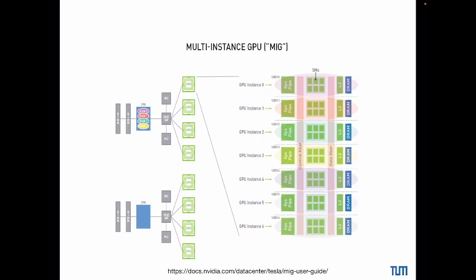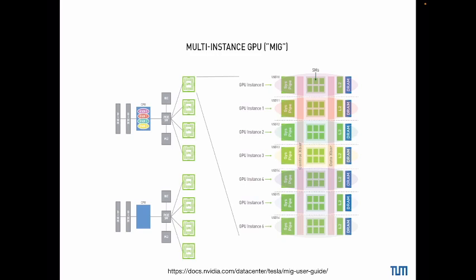With that feature, you slice the number of SMs, but you also slice the DRAM and the cache. The slicing is on a finer granularity, and you can determine how much DRAM goes to which of your GPU instances. By that you can give a part of the GPU to a certain virtual machine, and it can be directly accessed from the virtual machine, and computation can be run there efficiently.